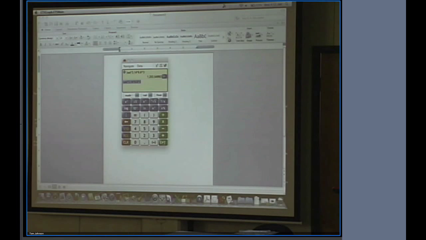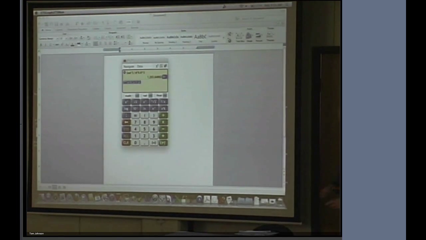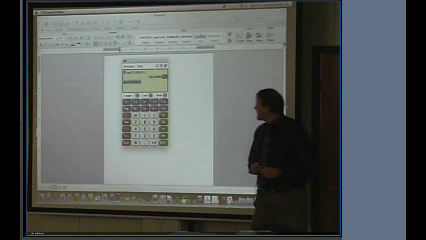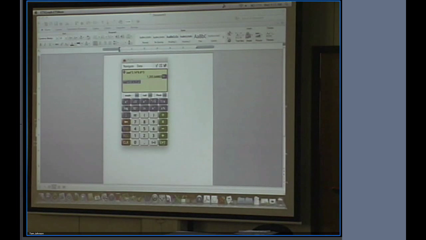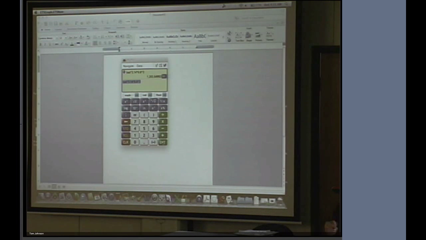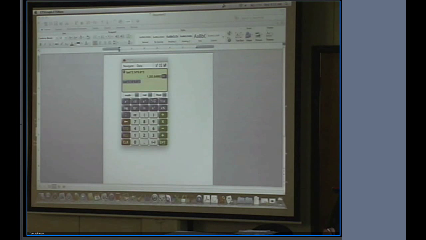And it gives me my answer, 1,203.64992. So where did it say to round that off at? The tenth. Okay, so what is that rounded off to the nearest tenth? 1,203.6, right? Am I done? Is that my answer? Why not?